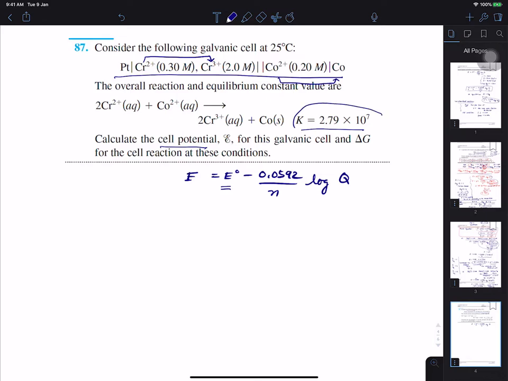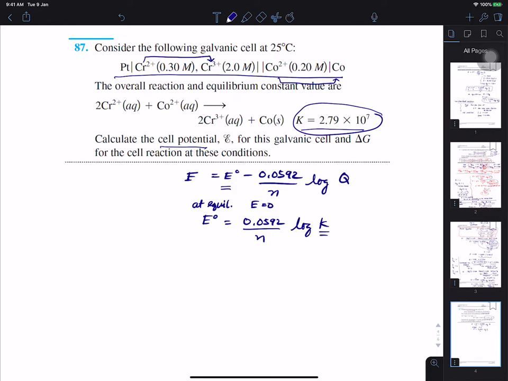Why? Because we have the K value, which means we can compute our E naught. Remember, at equilibrium, our E becomes 0. So our E naught becomes 0.0592 over N log of K. We already have the K value.